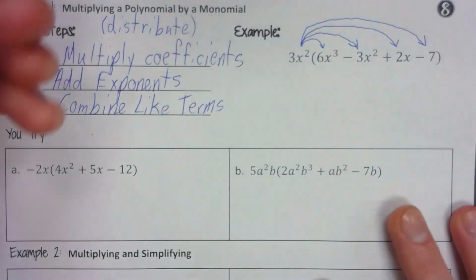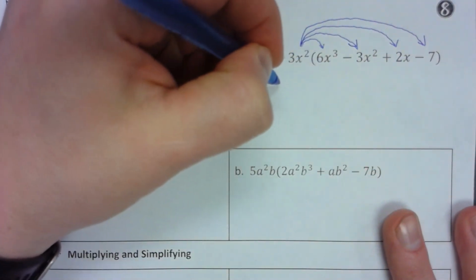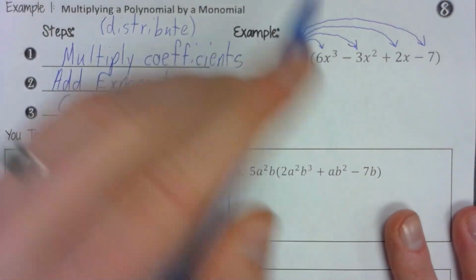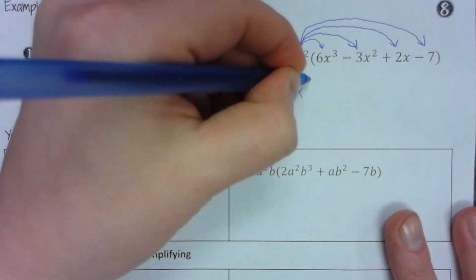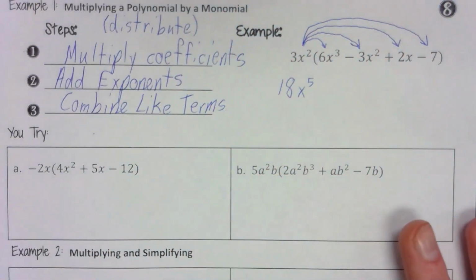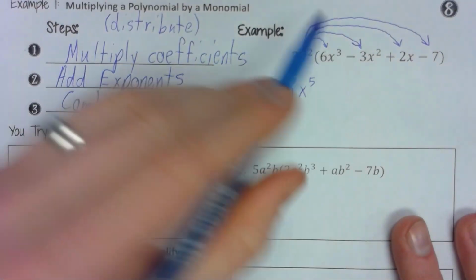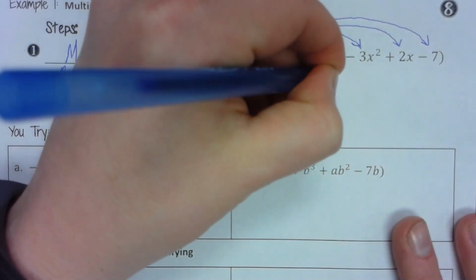So let's do it. 3 times 6 is 18. And x squared times x to the third is x to the fifth. Just add those exponents together. 3 times negative 3 is negative 9.